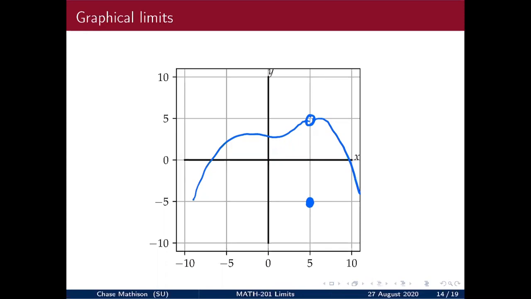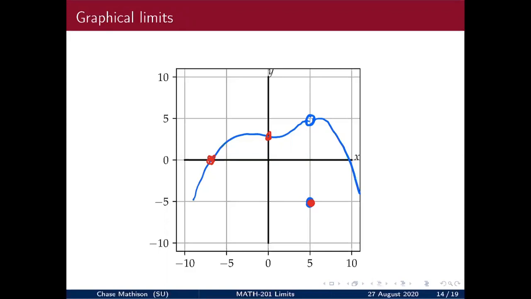If I asked you f of -7, you would say it looks like it's about 0. And if I ask you what is f of 5, you would rightly tell me f of 5 is -5, because the actual function value there is -5.